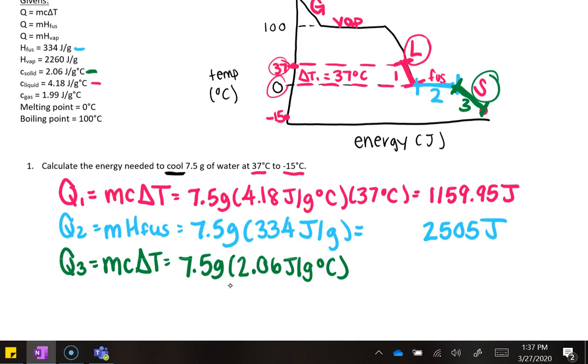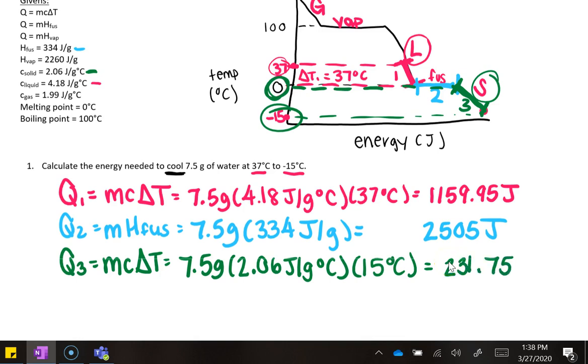And then lastly, change in temperature. So again, we want to treat each segment like its own problem. Segment 3 starts at 0 degrees Celsius. Segment 3 ends at a negative 15 degrees Celsius. So my temperature decreases by 15 degrees Celsius. That gives 231.75 joules.